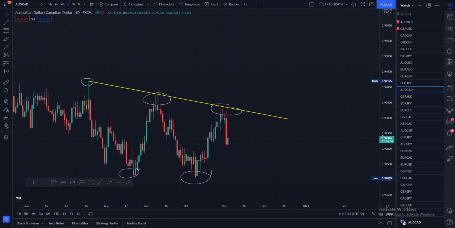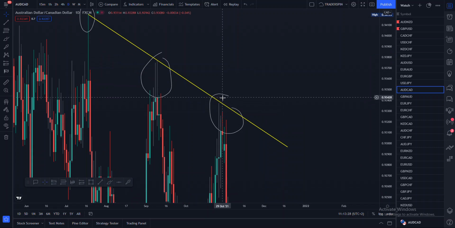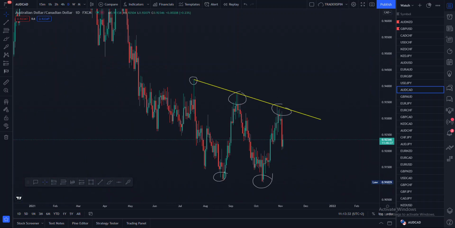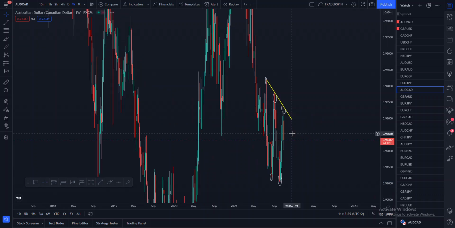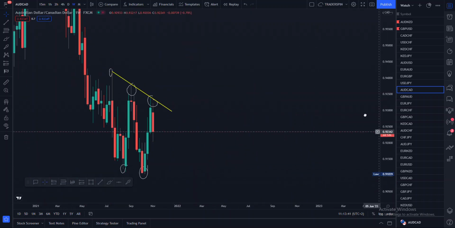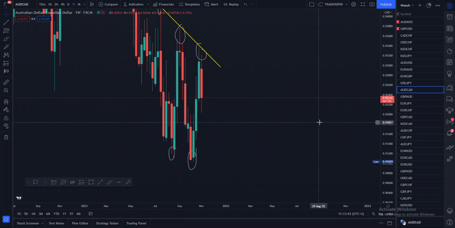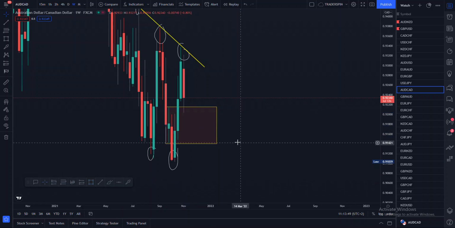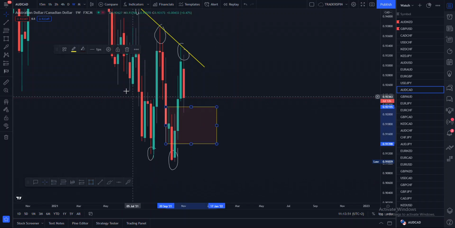And it looks like it didn't touch there, but if it touched, what would have happened is I would have gone over to see where the order block is actually seated, and as you can see, my order block is not made from the weekly time frame, because we have that breaker there, making my weekly time frame invalid.